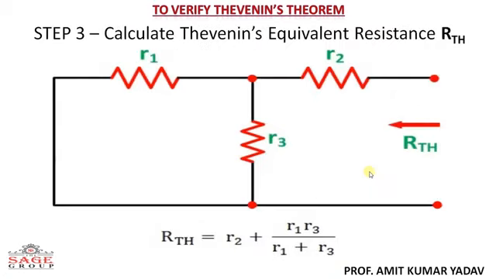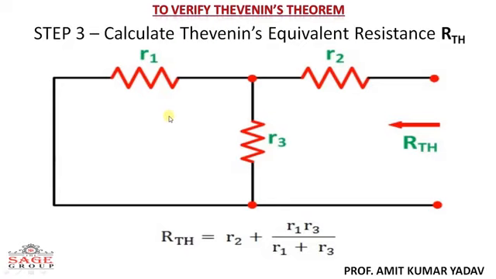Now in the second part you have to calculate the equivalent resistance, which is denoted by RTH. Now what do you have to do for calculating equivalent resistance? First you have to remove this load terminal. Look here, I have already disconnected the load terminal here. And second thing, you have to just neglect the sources connected in the circuit.